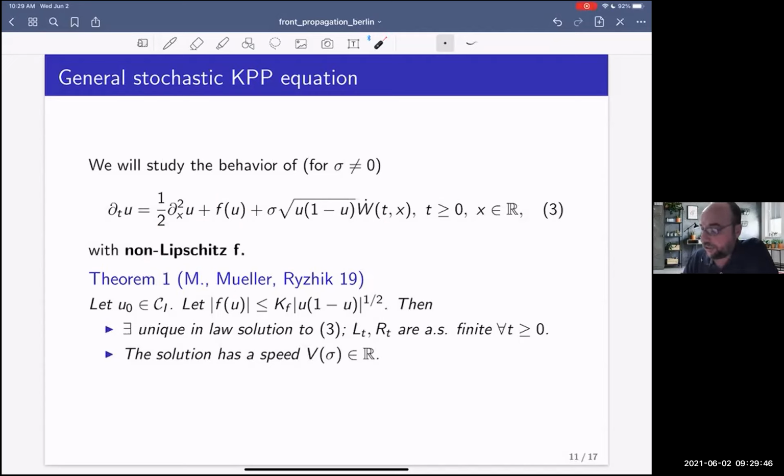Our first result in this paper, with Karl Müller and Leonid Rizhik, says that if you have the following bound on f(u), so f(u) is bounded by a constant times the square root of u(1 minus u), then there exists a unique in law solution to this equation. Again, we have the compact interface property for this equation, and the solution has a finite speed v_sigma.